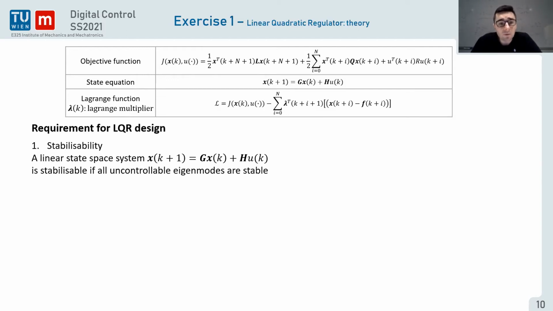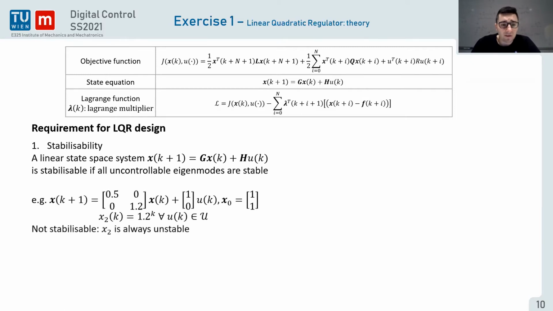Stabilizability is only used when the system is not fully state controllable. Then we need to look at each eigenmode. If they are stable, they can be uncontrollable. It's not a problem, but every unstable eigenmode has to be controllable.